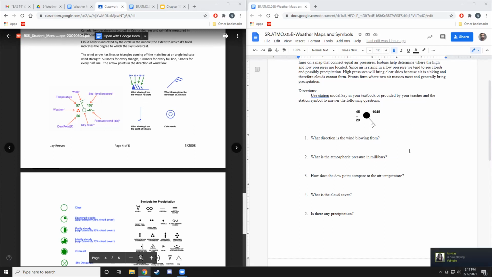I can't draw on here. I normally put this on the board, but you know your cardinal directions, just that cross. The top is north, to the right is east, down is south, and to the left is west. So never eat soggy waffles, or however you remember it. But in this case, it's moving down and to the right. So I know that it is blowing from the southeast.